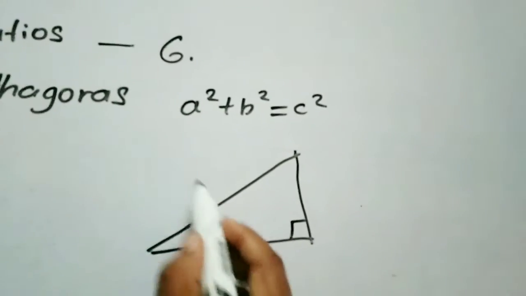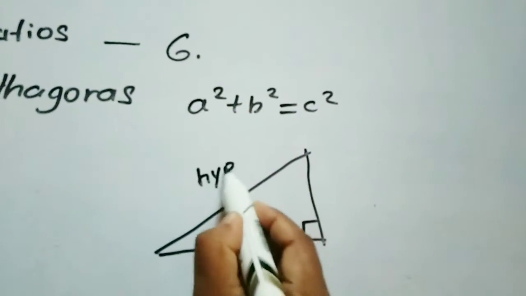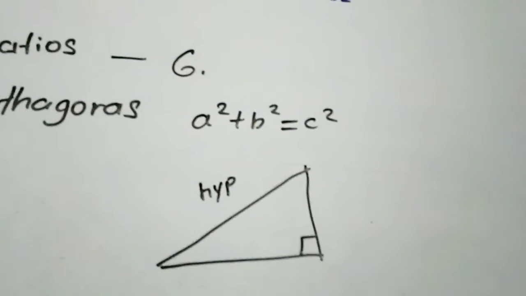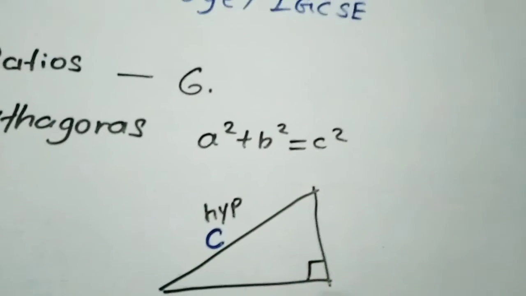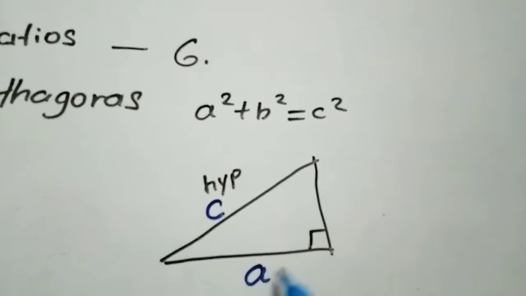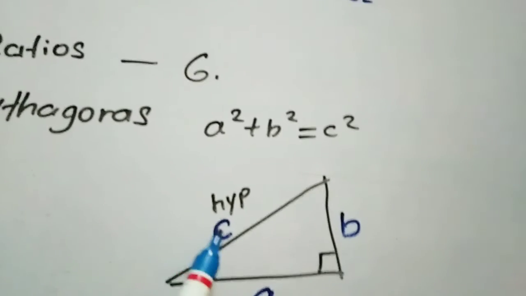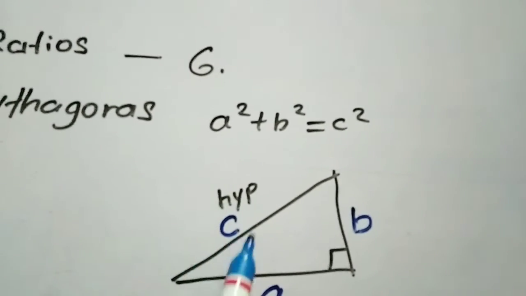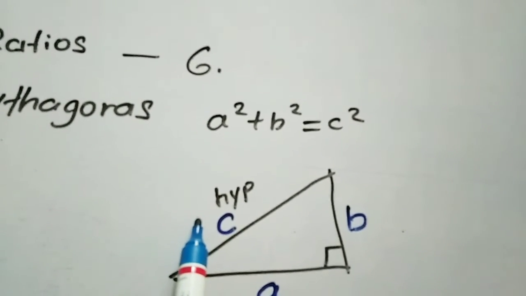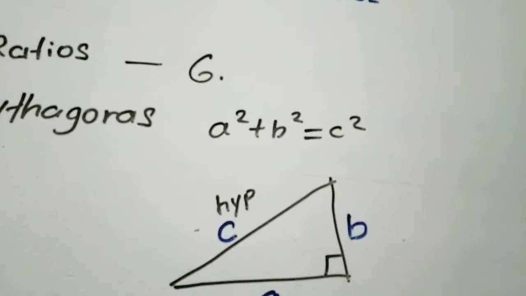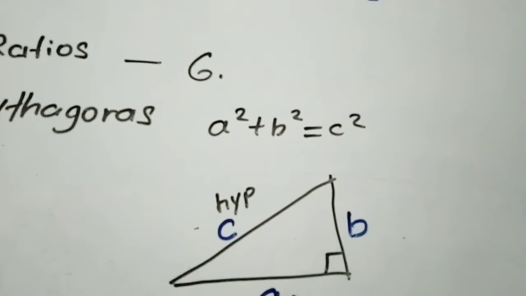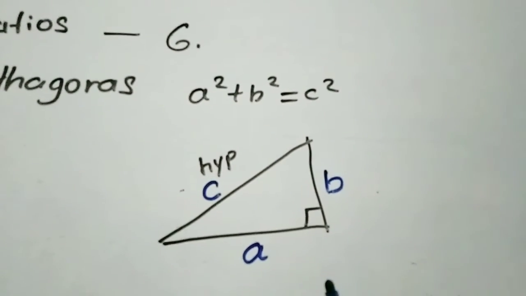Opposite to the right angle is the hypotenuse side, as I told before. That is C. A and B are the other two sides. Hypotenuse square is equal to the sum of the other two side squares.